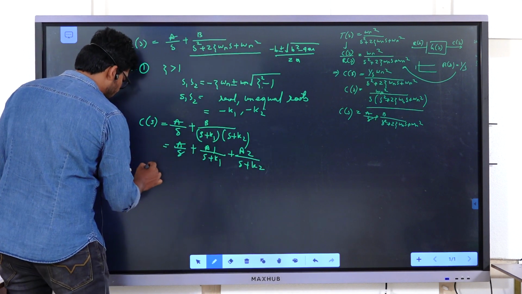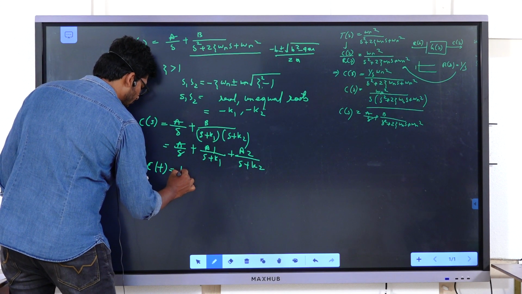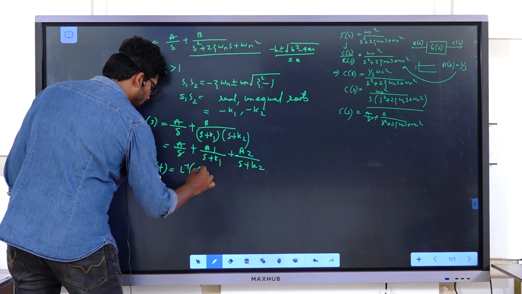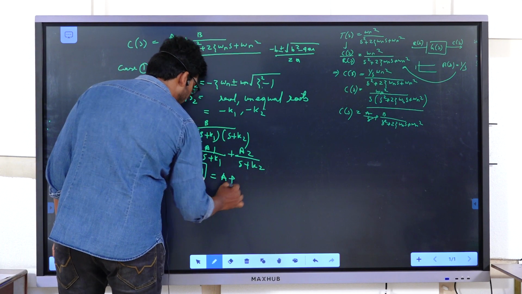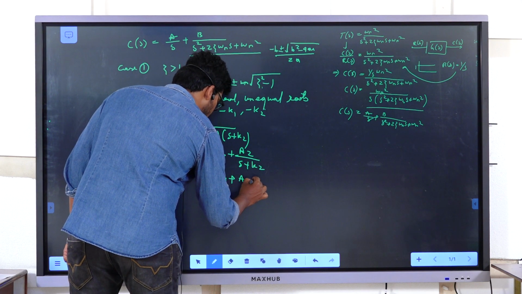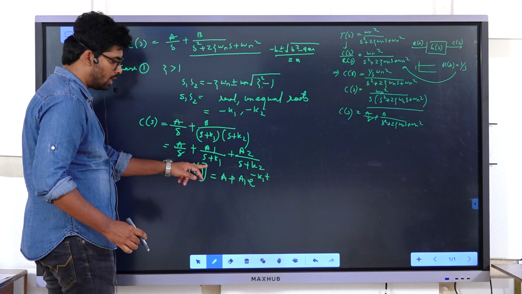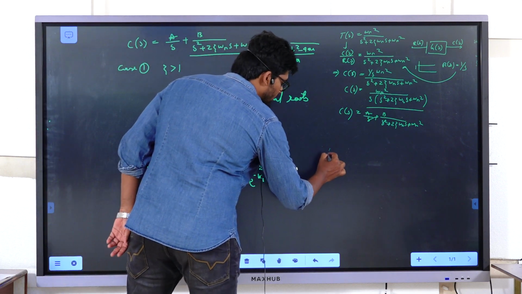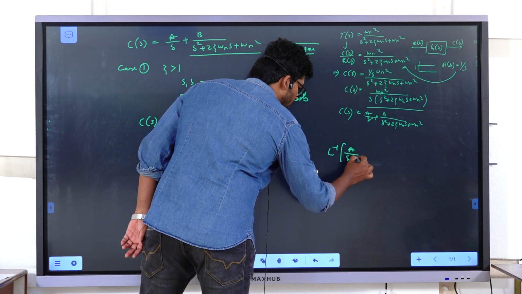If you take the Laplace inverse of this response, c of t equals the Laplace inverse of C of s. What is the Laplace inverse of a by s plus a?